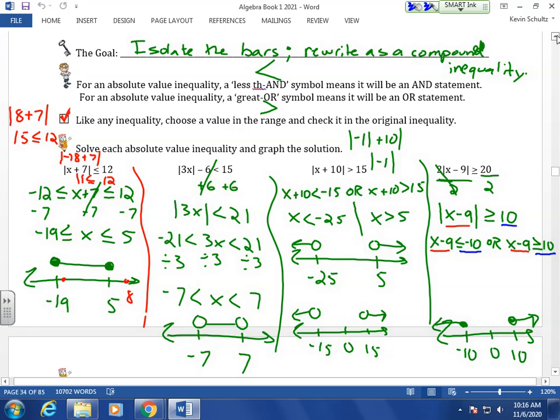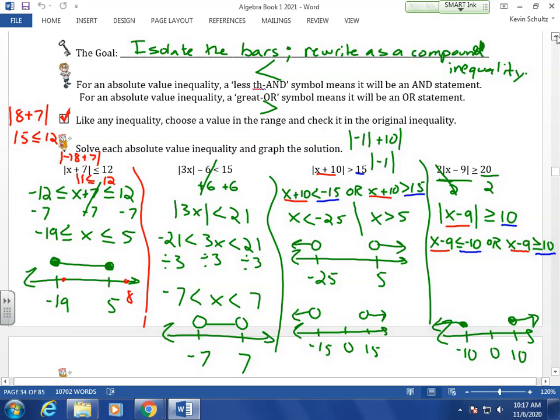We saw the same thing here, right? 15 less than negative, greater than positive, and what was inside our bars, x plus 10, didn't change. So there's a format pattern for the OR statements too, and there it is.